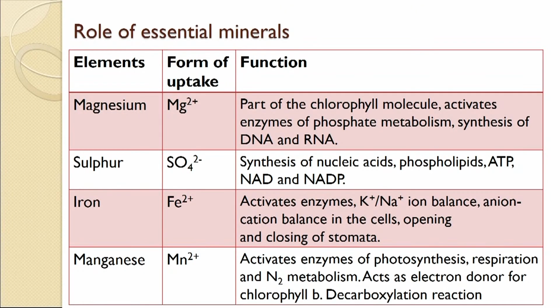Then comes manganese. Manganese is taken up as Mn2 plus. It activates the enzymes of photosynthesis, respiration, N2 metabolism, and acts as an electron donor for chlorophyll B, and it also contributes to the decarboxylation reactions occurring during respiration and photosynthesis.